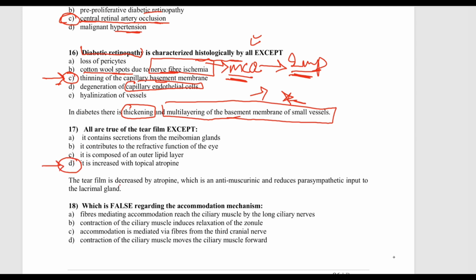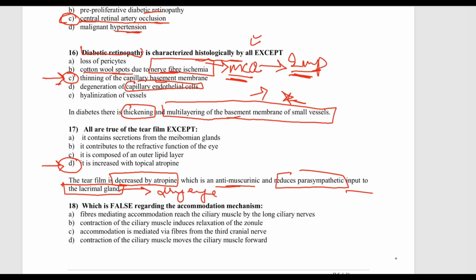The tear film is decreased by atropine because atropine is anti-muscarinic and so it reduces the parasympathetic input to the lacrimal gland, leading to dry eye. So this is very important.